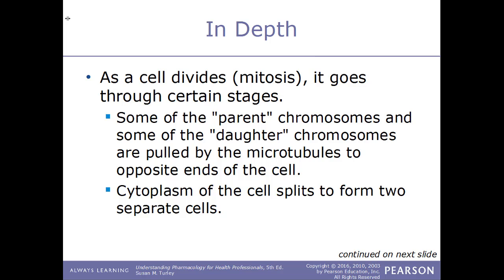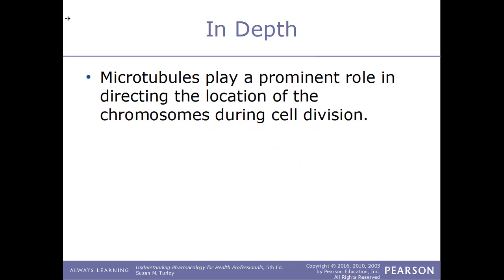So some of the parent chromosomes and some of the daughter chromosomes are pulled by the microtubules to opposite ends of the cell. Then after this process, the cytoplasm of the cell will split to form two distinctly different and separate cells. So microtubules will play a prominent role in directing the location of the chromosomes during cell division. So that's why some chemotherapy drugs target the microtubules.